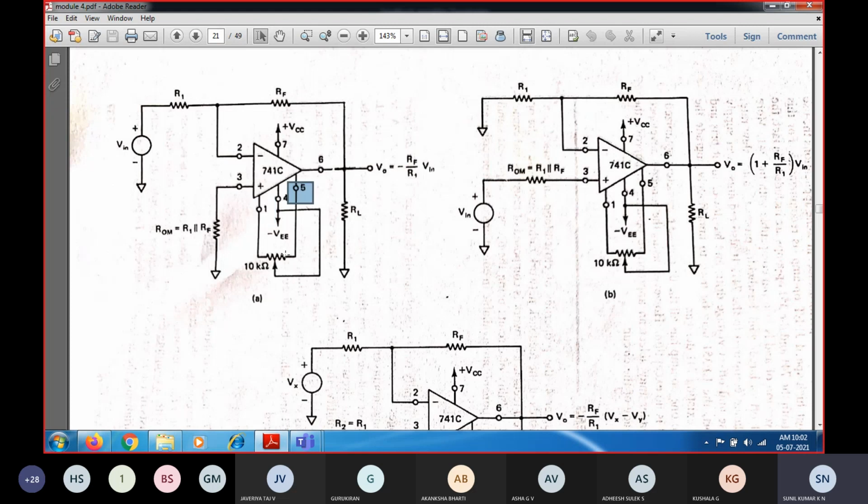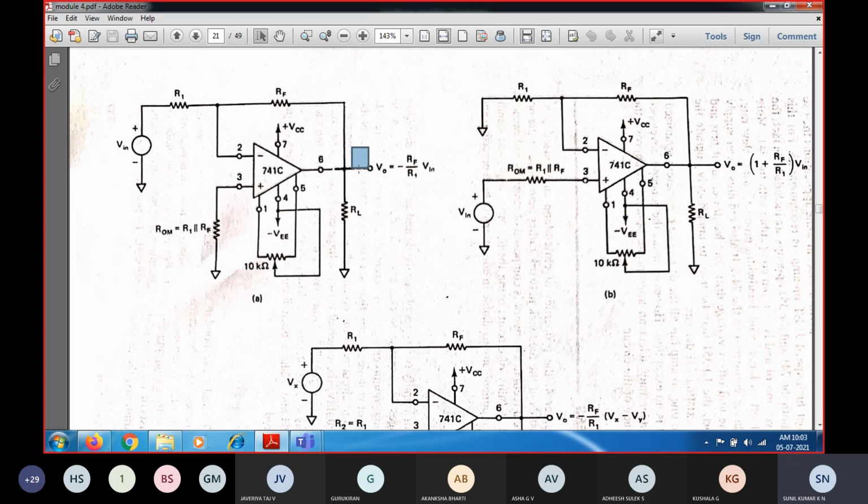Both have to be connected through a 10K potentiometer, and the negative power supply is connected to the wiper of this potentiometer. Whenever I move the negative supply over this potentiometer, it reduces the offset, so the output voltage becomes nullified and equal to 0. This is one method of nullifying the operational amplifier.